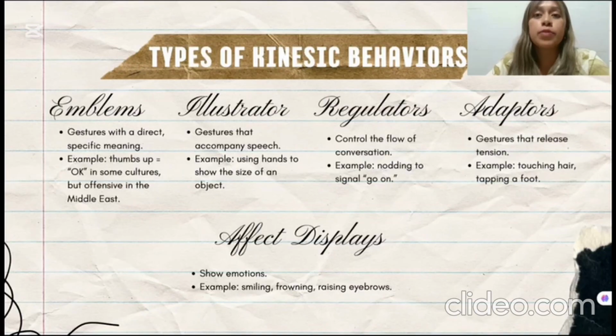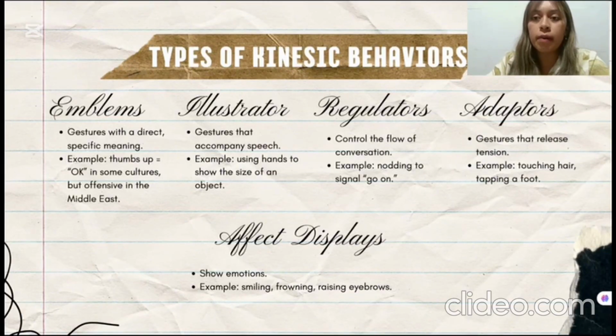The second one is illustrators. These are gestures that accompany speech. For example, using our hands to show size or direction. And we have regulators. These are movements that help control a conversation, such as nodding to encourage the other person to continue.